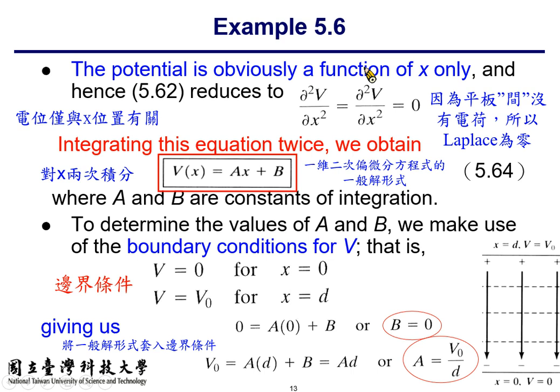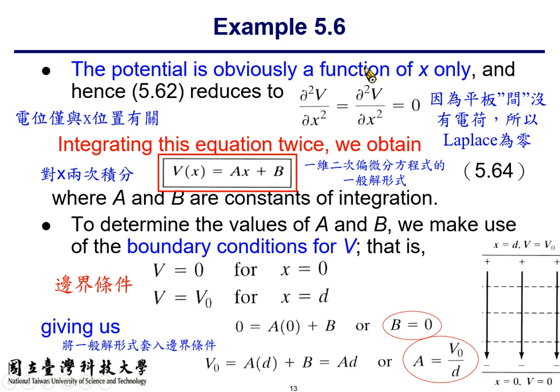The charge density within the capacitor is 0. Equation 5.64 is something you can find in your engineering mathematics textbook. That is the general solution for a one-dimensional second-order differential equation. It should be in the form of ax plus b.